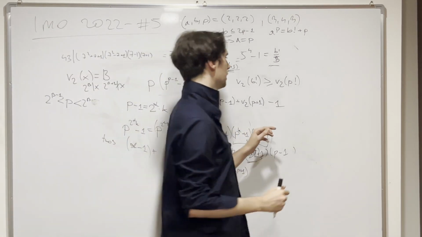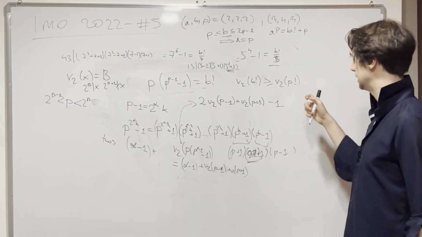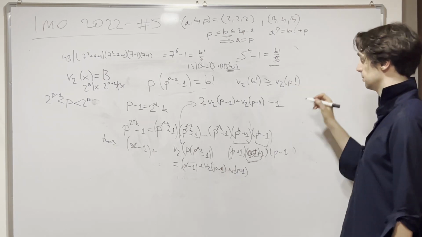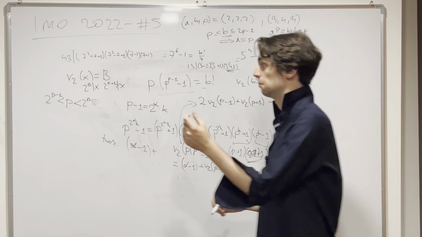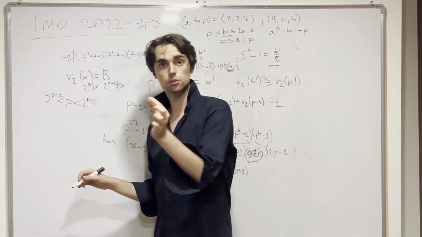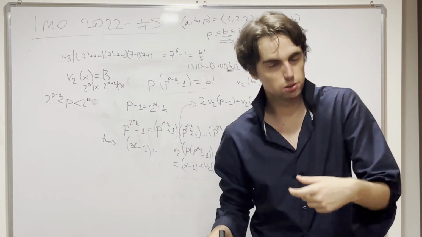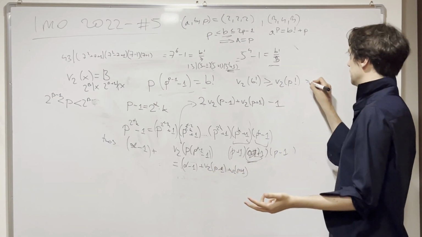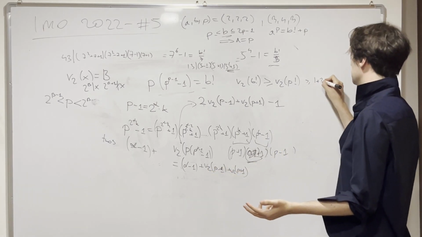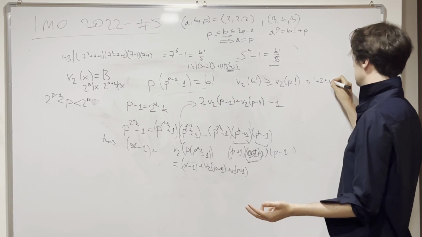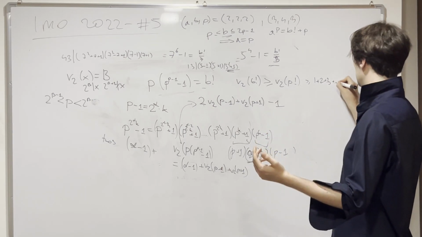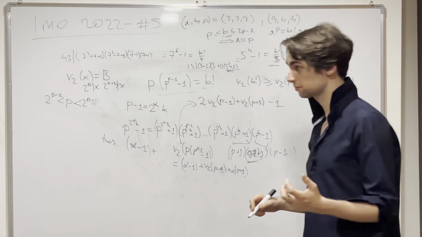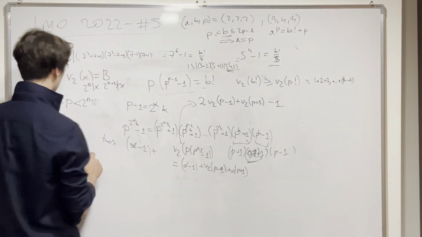I know that this thing here is going to have 2 to the beta minus 1, 2 to the beta minus 2, all the way till 2. So it's going to be at least equal to 1 plus 2 plus 3 plus all the way till beta minus 1, right?